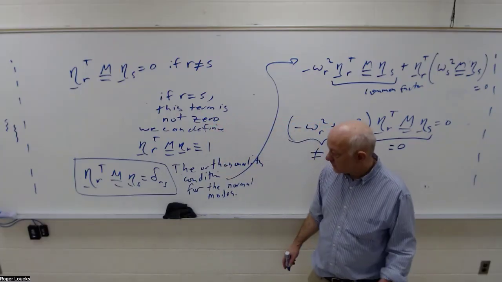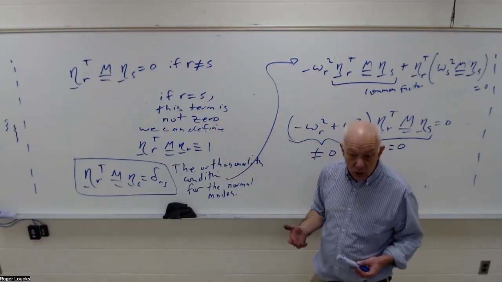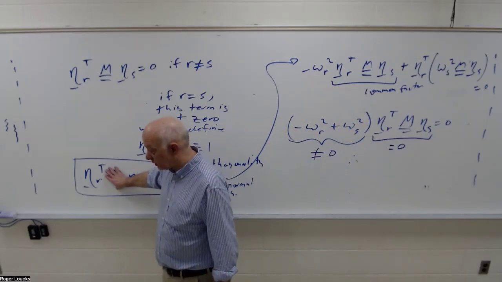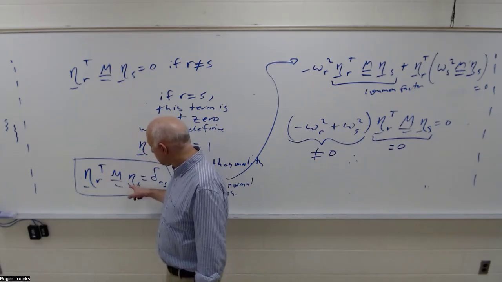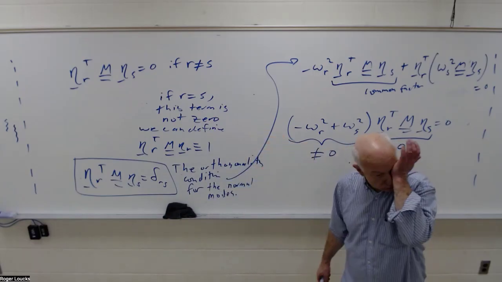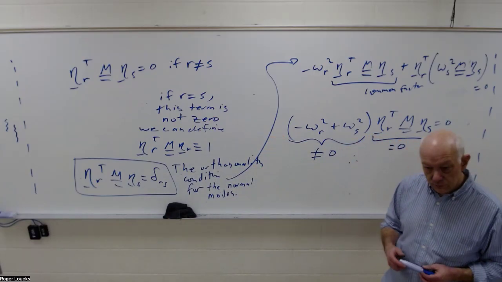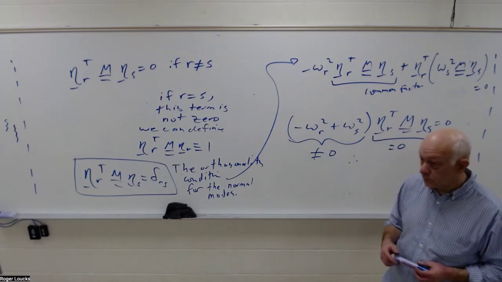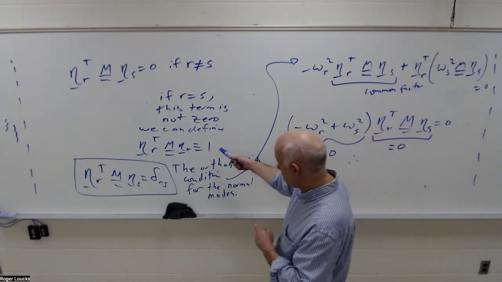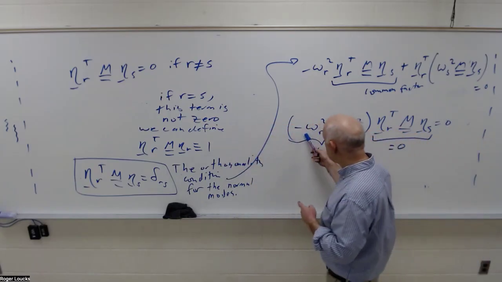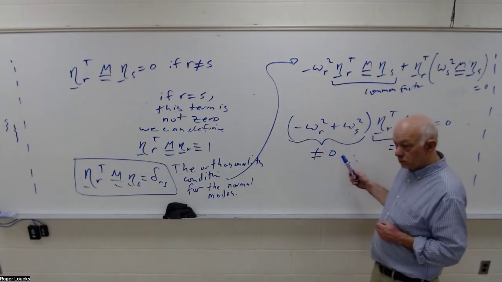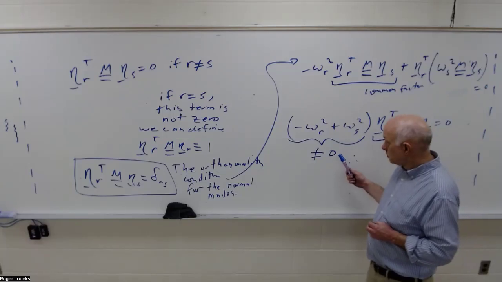Now if this M is all the same, you can actually take it out, so what you really have is just eta R transpose times eta S. In that term, negative omega R squared, what if omega R is like negative omega S?